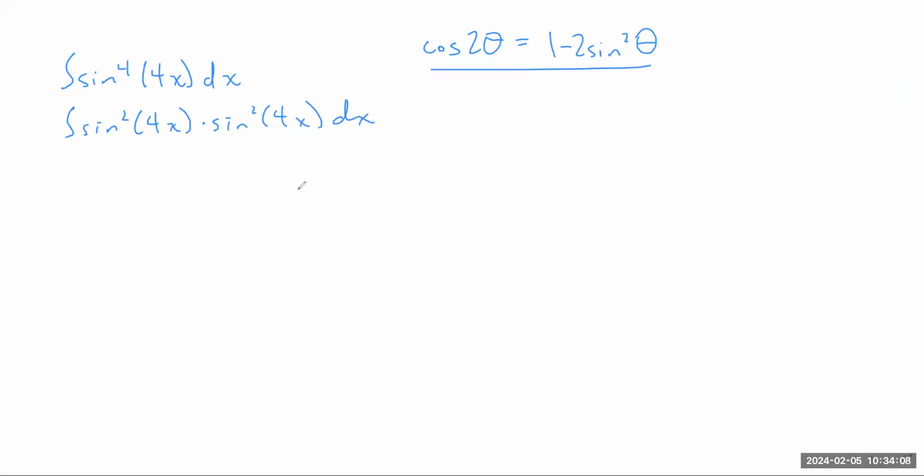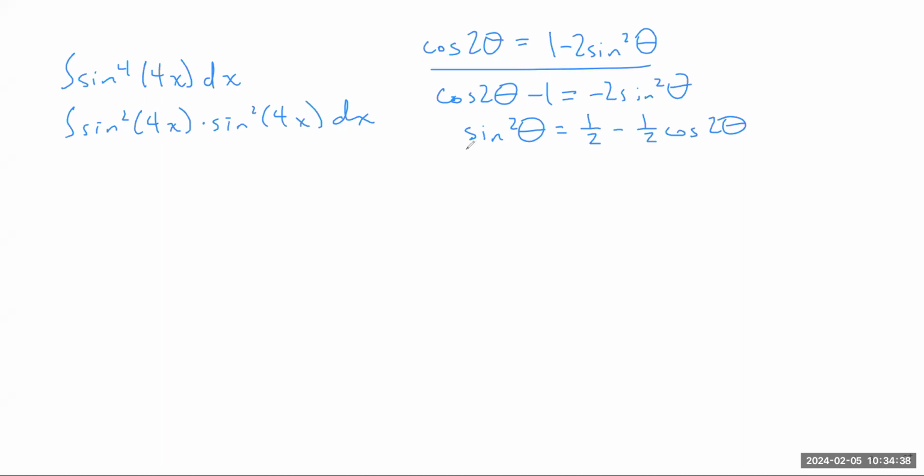So now that we have that, can I use that to rewrite? Let's isolate sine squared theta here. So cosine 2 theta minus 1 equals -2 sine squared theta. So sine squared theta equals 1/2 minus 1/2 cosine 2 theta.